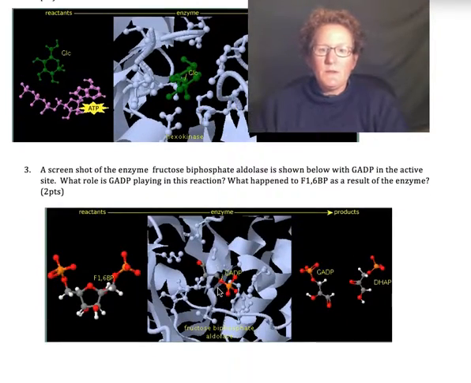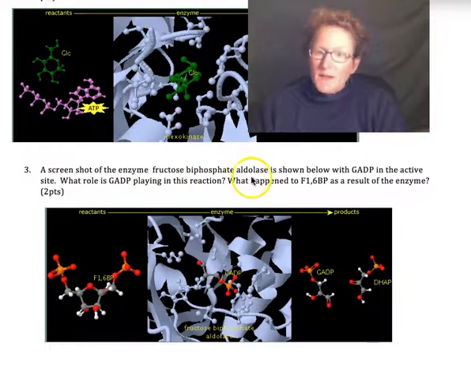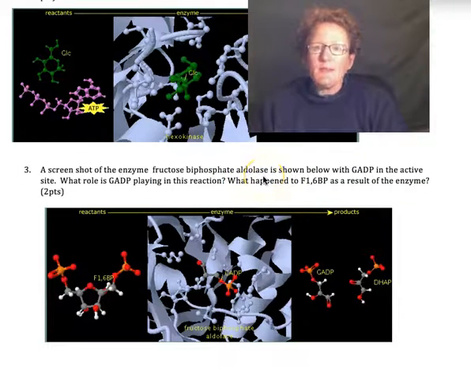Let's look at number 3. A screenshot of the enzyme fructose bisphosphate aldolase, this ASE ending tells us that this is indeed an enzyme, is shown below with GADP in the active site. What role is GADP playing in this reaction? So is it on the reactant side or the product side? I'll let you figure that out.